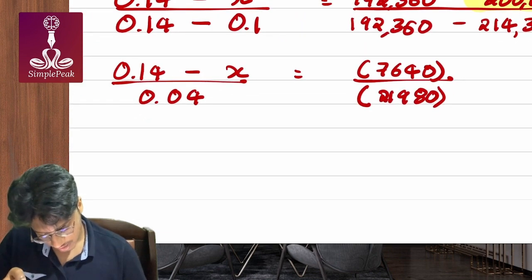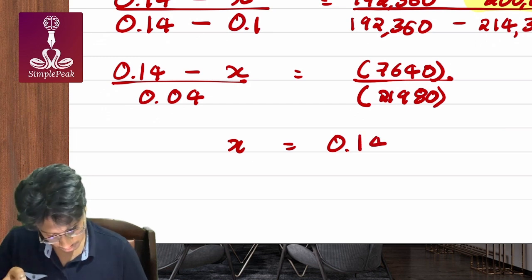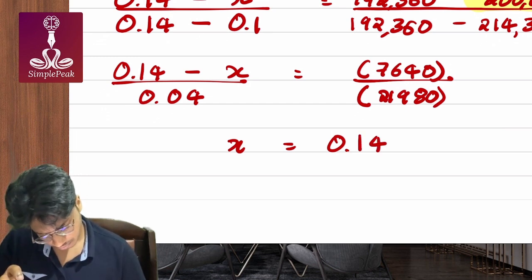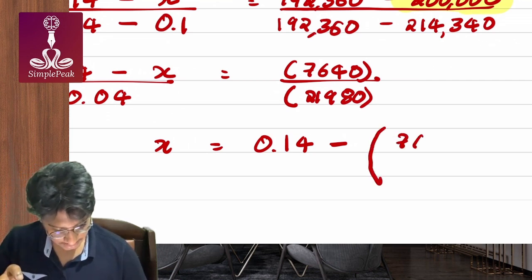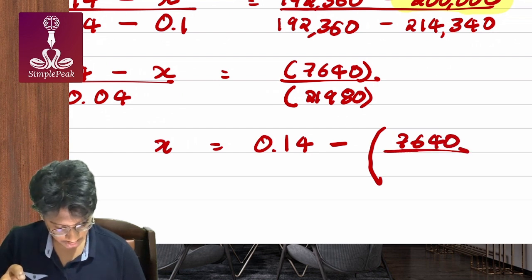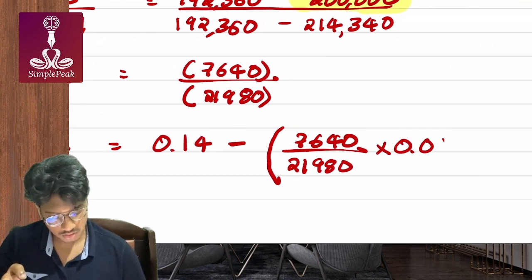Okay, so x equal to 0.14 minus 7,640 divided by 21,980 into 0.04.